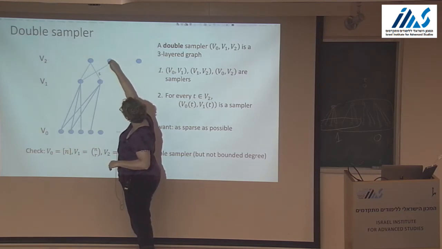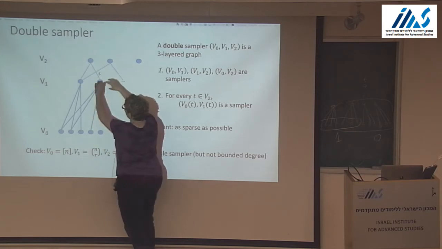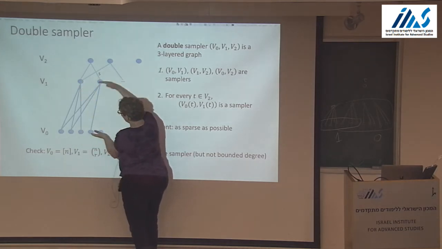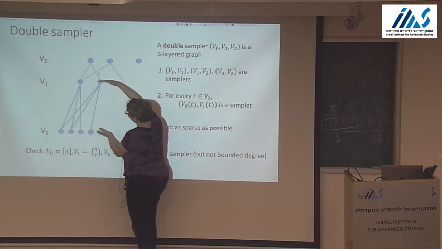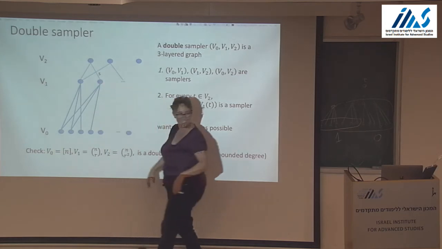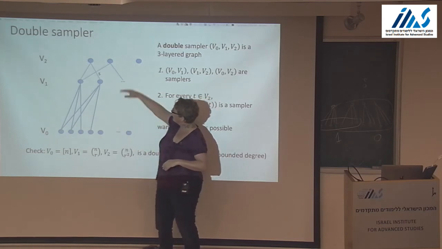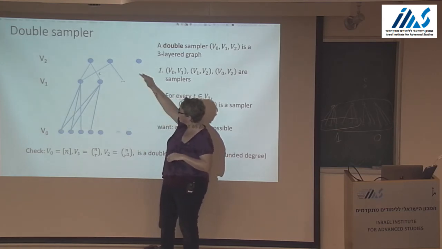All of the r squared choose r subsets are present. So here you have r squared choose r, and here you have r squared. And this is the complete bipartite graph. The edges are for inclusion. When I think of set systems, it's always inclusion.